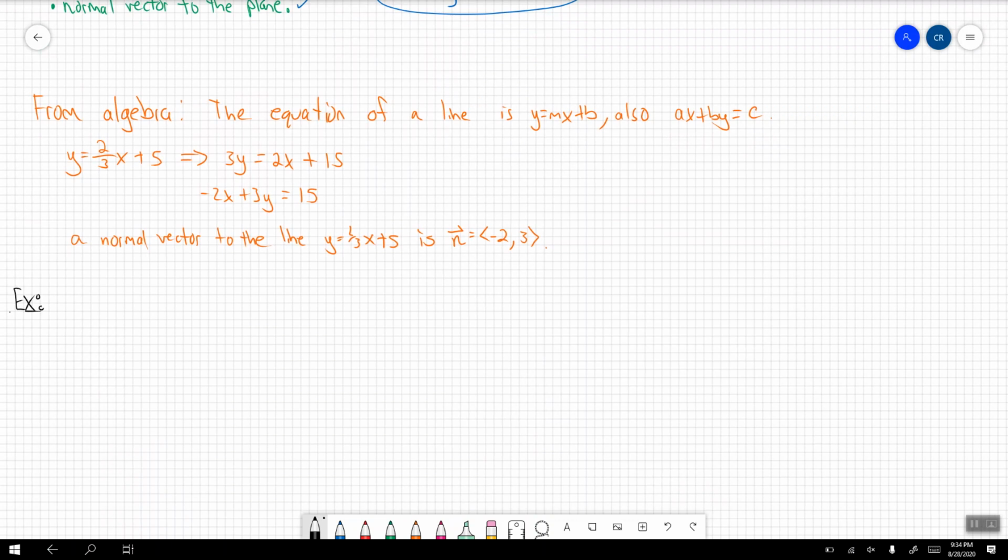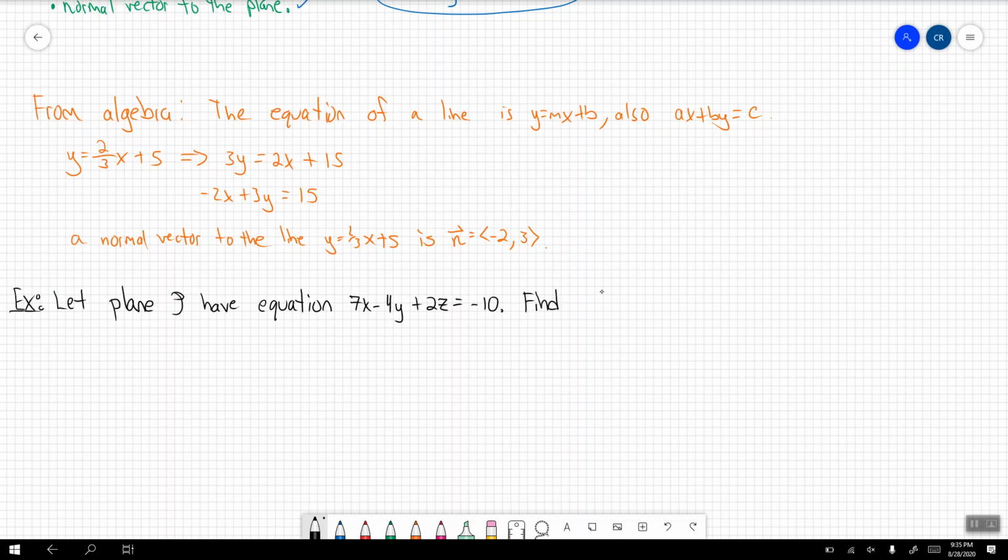I hope you're all still following me. So, here we go. Let plane P, that's just a fancy looking capital P, have equation 7x minus 4y plus 2z is equal to -10.